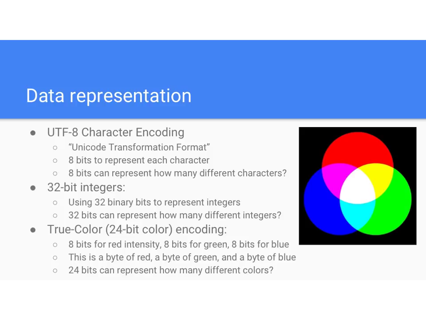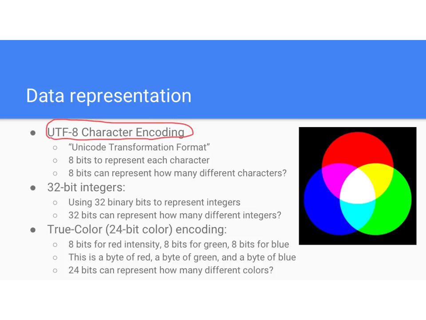I have a few examples. These are very standard computer science examples of well-known encodings. The UTF-8 character encoding. You guys will see this anytime you browse the web. Anytime you request a web page from a server, basically anytime you type in a web address and press enter, the server is going to send you binary data.